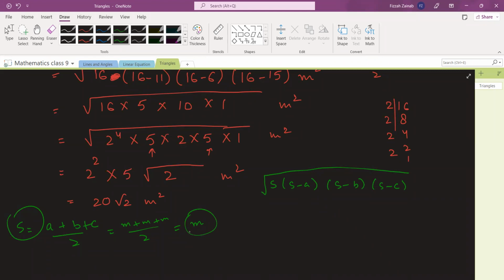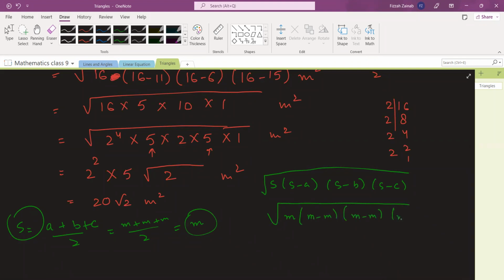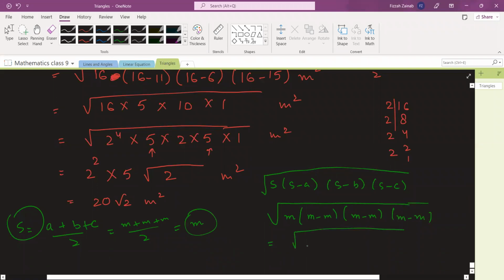Is that understood? So inside the square root, this S has the unit meter. And then you have meter minus meter into again meter minus meter into again meter minus meter. So when it's meter minus meter, the answer is going to be in meter.